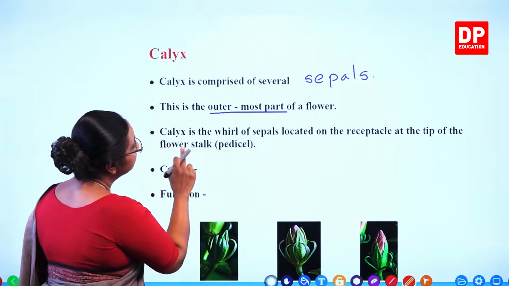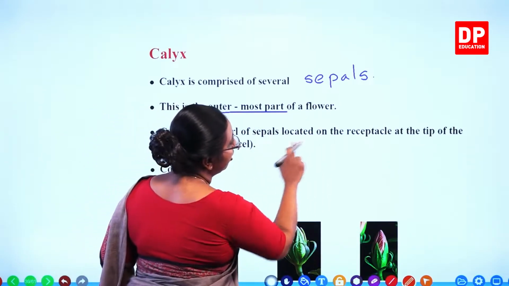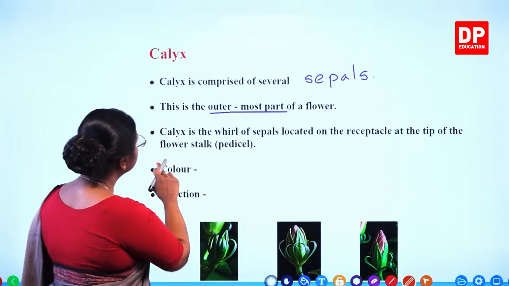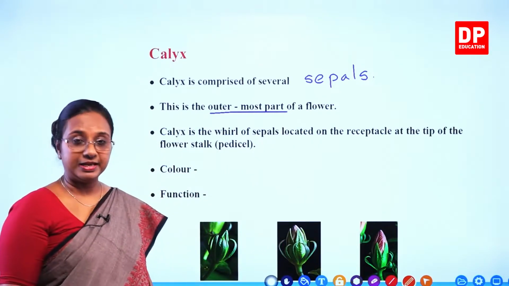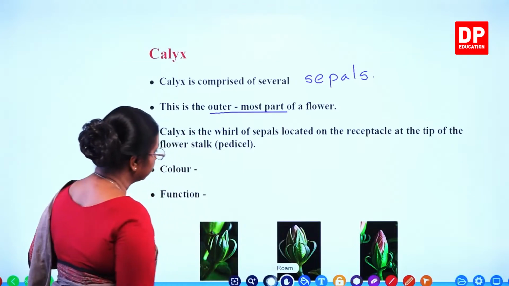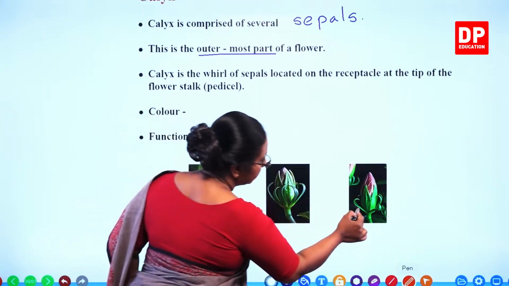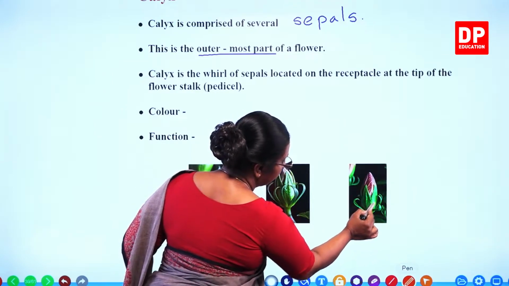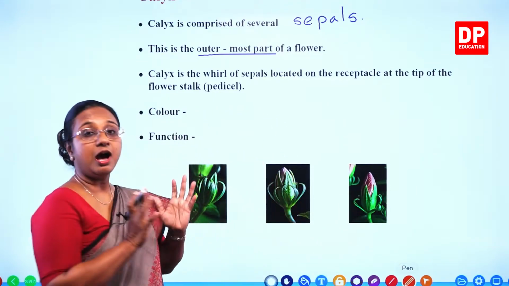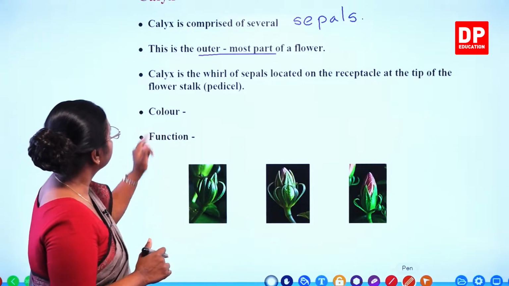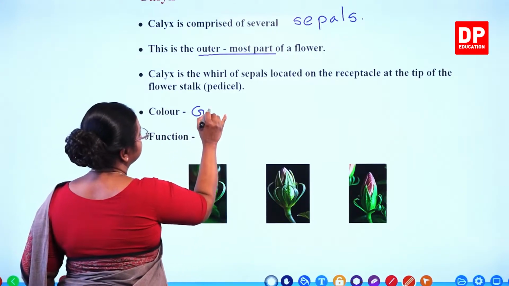And calyx is the whorl of sepals located on the receptacle at the tip of the flower stalk or pedicel, that you can see easily in this diagram. So here you can see this is the stalk or the pedicel, and here we have the outermost layer. The color will be green.